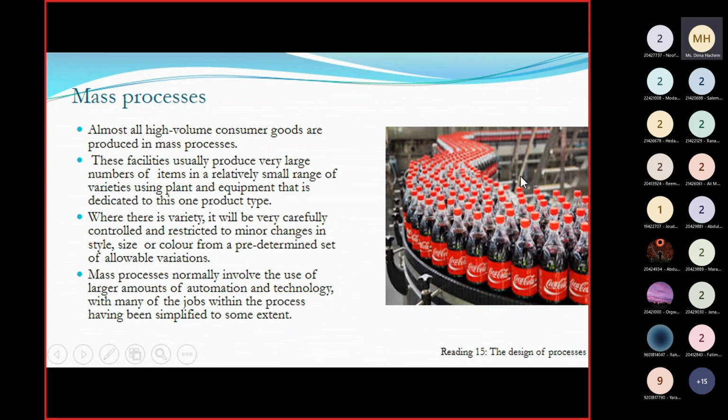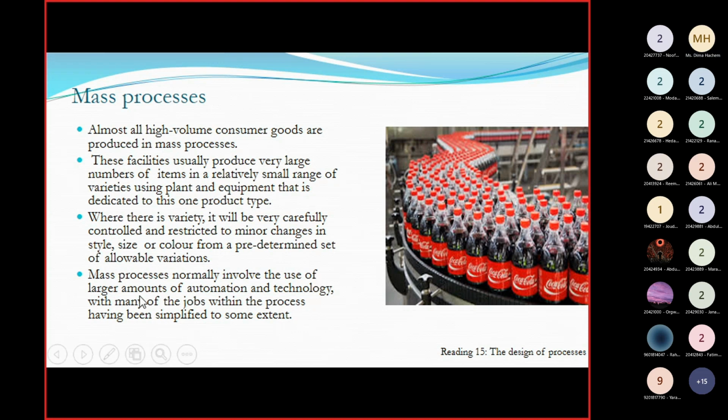This Coca-Cola bottling factory is a great example because it keeps on producing Coca-Cola. Maybe every couple of hours, they will change this line to another flavor, but not as often as the batch changes the production.